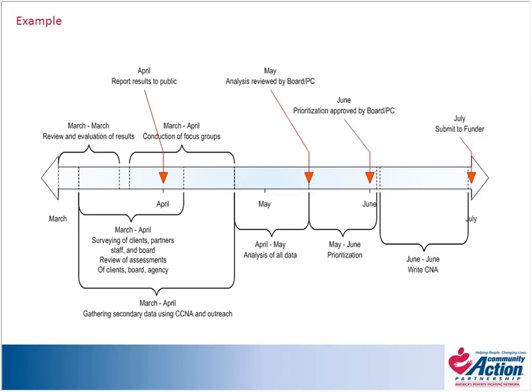So you can see the time frame on here for each piece of it, from surveys to the secondary needs assessment data, the statistics. The other important piece to this, I think, is they also included the analysis and the prioritization and writing the community needs assessment. So they included the entire process on their timeline.